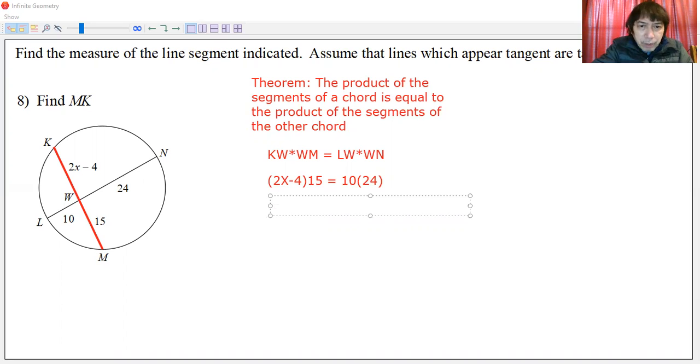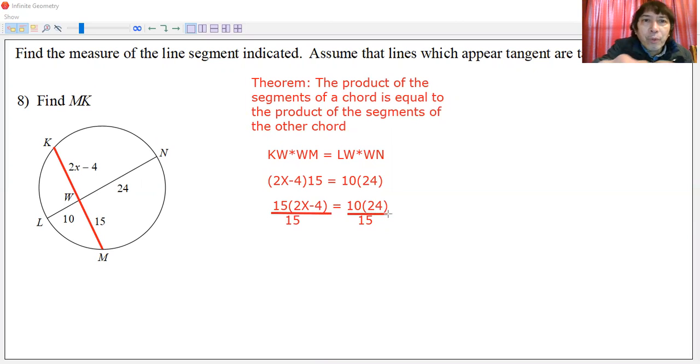We can write it this way: 15 times 2x minus 4 is equal to 10 times 24. Continue by division by 15, like this, and then we put a divide. All right, so we put a divide here, and we put a divide there.